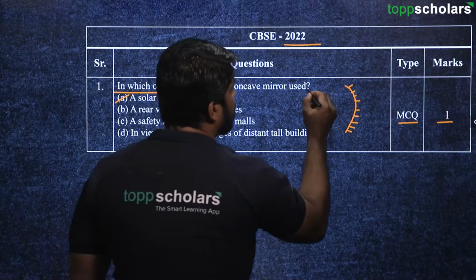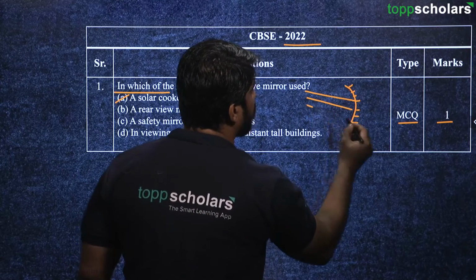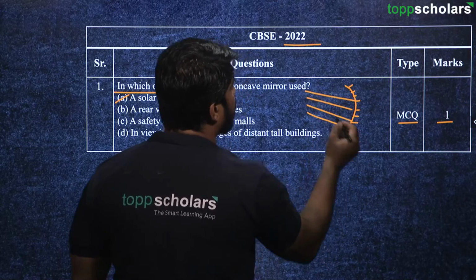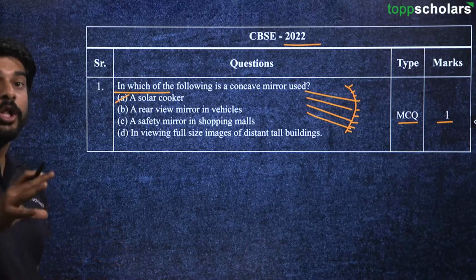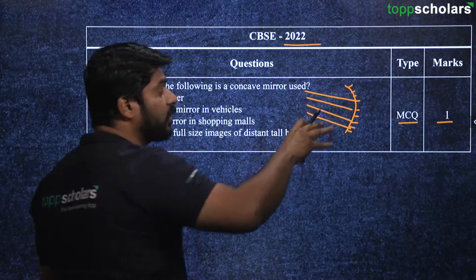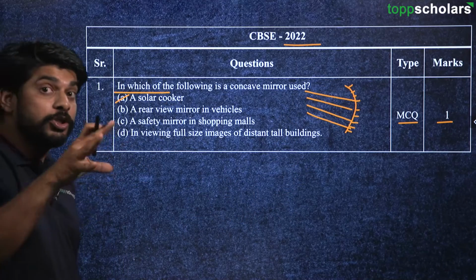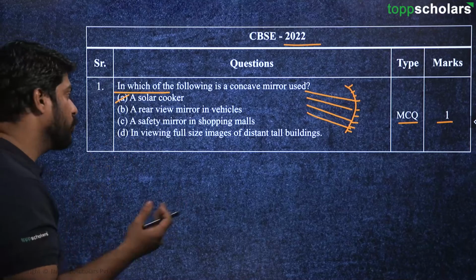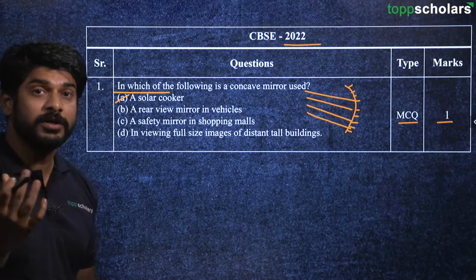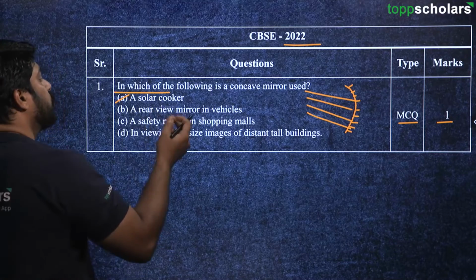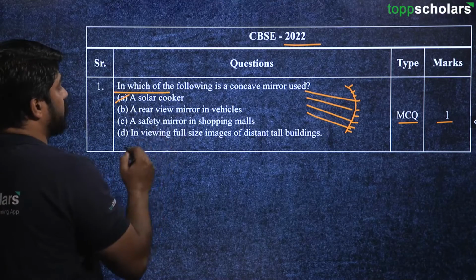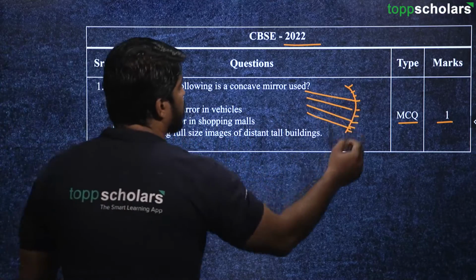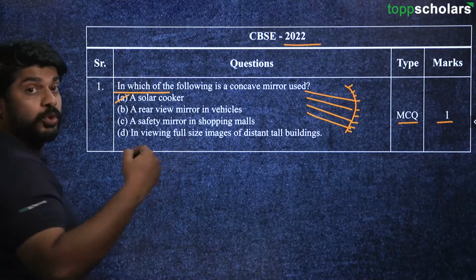So when all these rays converge at a particular point, then definitely all the energy in these rays will also be focused at a particular point. So definitely a lot of heating will be produced, especially in case of sun rays. So in that case, we can use such kind of arrangement for solar cookers also.